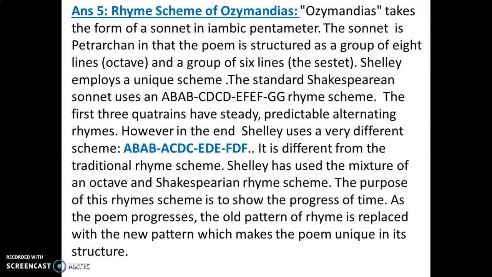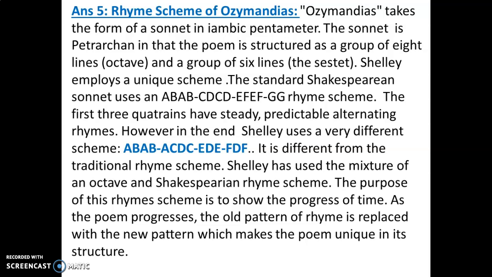Answer to question 5, the rhyme scheme of Ozymandias. Ozymandias takes the form of a sonnet in iambic pentameter. The sonnet is Petrarchan in that the poem is structured as a group of 8 lines, the octave, and a group of 6 lines, the sestet. Shelley employs a unique scheme. The standard Shakespearean sonnet uses an A, B, A, B, C, D, C, D, E, F, E, F, G, G rhyme scheme, with steady, predictable alternating rhymes in the first 3 quatrains.